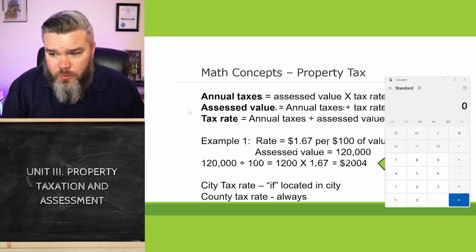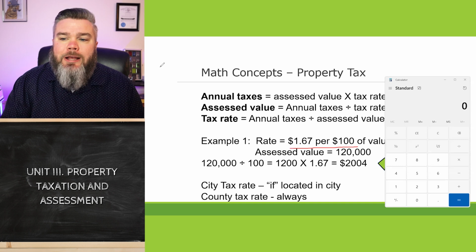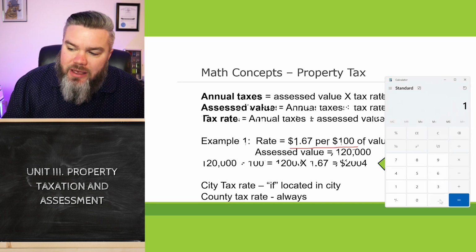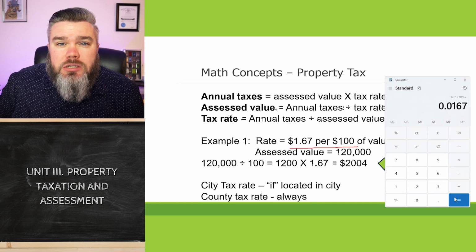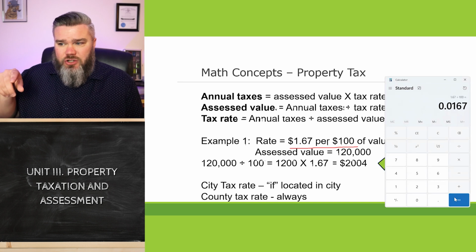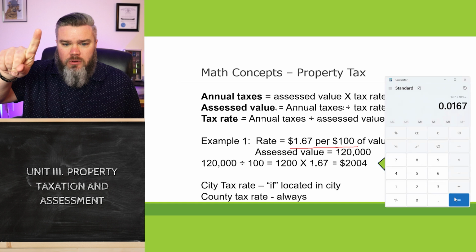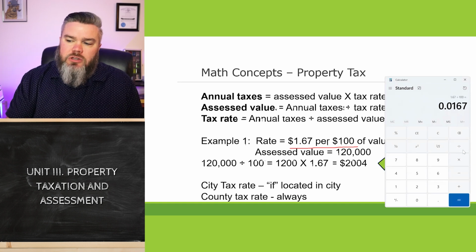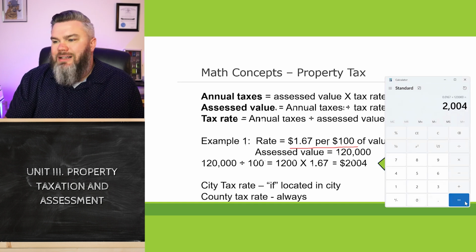But what I could also do is, if you understand that this is a $1.67 per 100 rate, take your $1.67 and divide it by 100. You have now converted your tax rate to a per dollar rate. In other words, you would owe the tax assessor 0.0167 dollars per dollar of assessed value. And now that you know that, you can just take that rate and multiply it by the whole assessed value. You get the exact same thing.